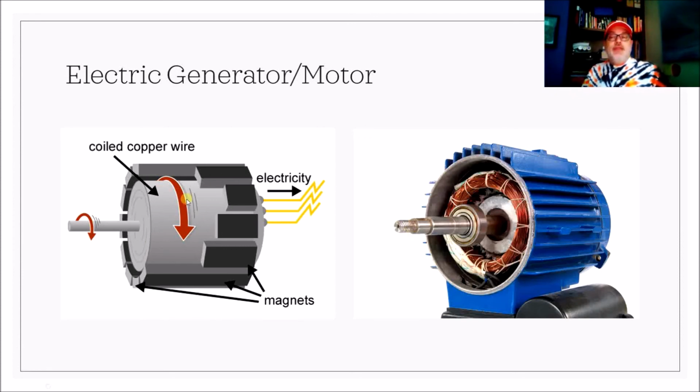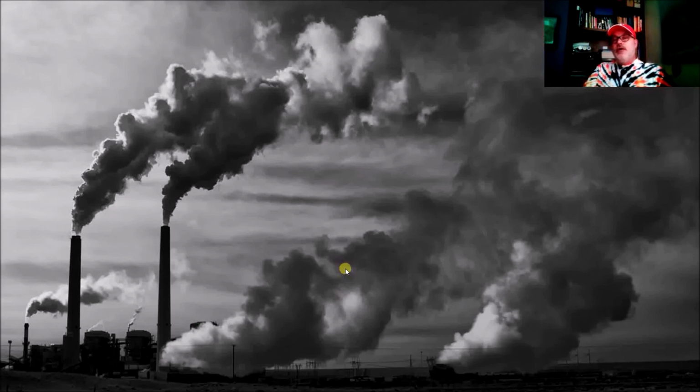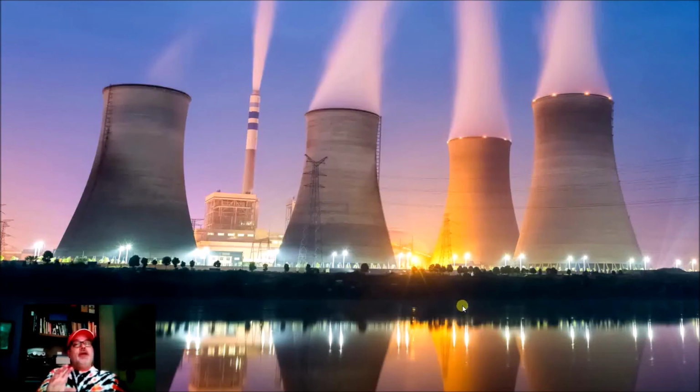So how do we get this to rotate? Well, in the United States and across the world, there are several ways. We can burn coal to boil water, to create steam, and we make that steam push a turbine, which moves loops of wire past magnets, which generates electricity. Or we can split atoms, which generates heat, where we can boil water, which would create steam to turn a turbine, to turn wires past magnets, electricity.